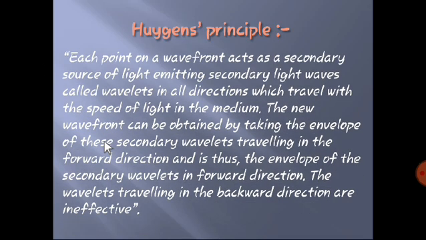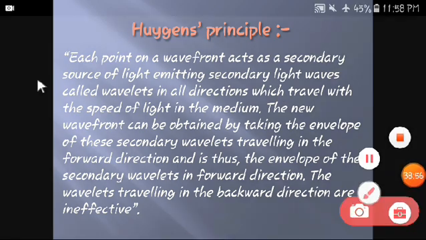So moving towards his new invention, what he discovered is this: each point on the wavefront, as we have seen two types of wavefront as well, acts as a secondary source of light. Many things are important in this principle. Try to concentrate on this slide. I will underline the important things.